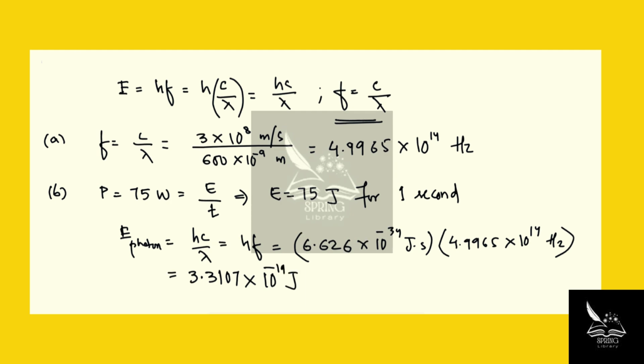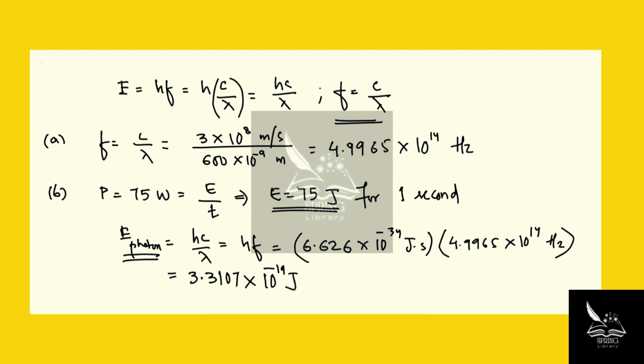So now we know the total energy for 1 second, given by E, and we know the energy of a single photon, and we need to find the number of photons emitted by the source in 1 second.